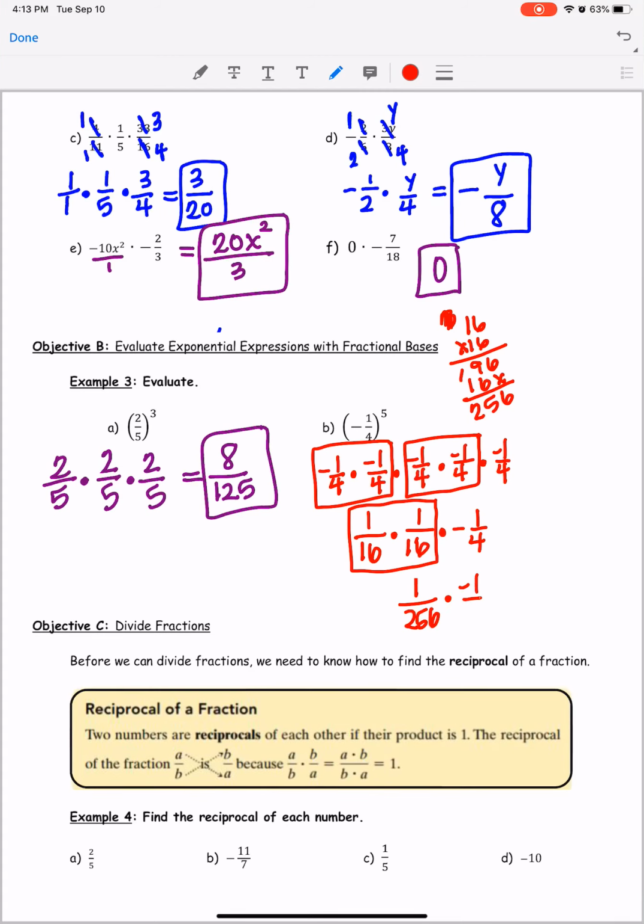Times a negative 1/4. So now positive times negative is negative. 1 times 1 is 1. And now I need to do 256 times 4. So this is 24.